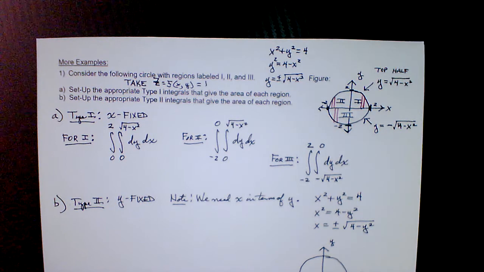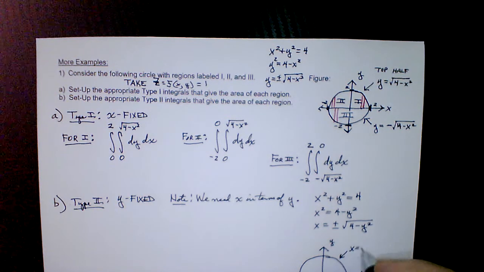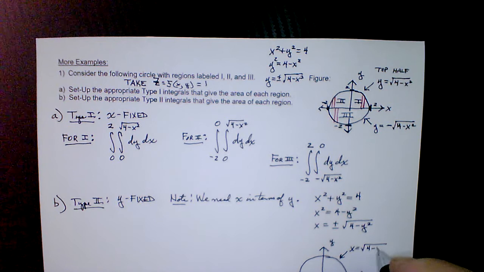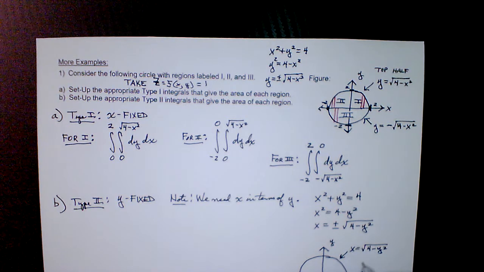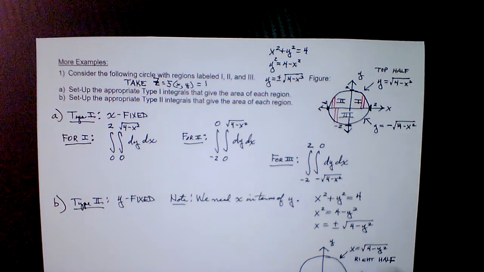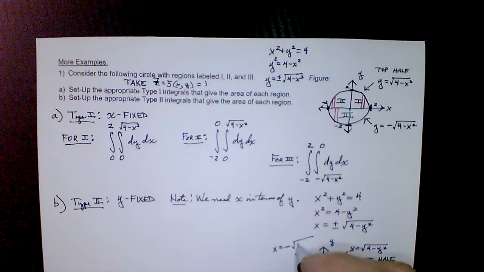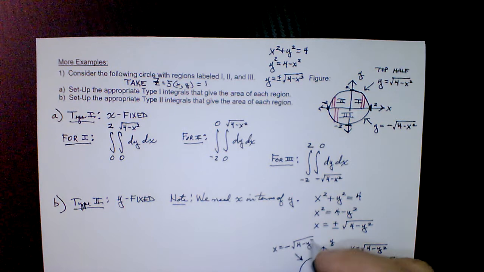So now when we draw our circle, again keep in mind the radius is 2. The right half is x equals the positive square root of 4 minus y squared, and the left half is going to be x equals negative square root of 4 minus y squared.